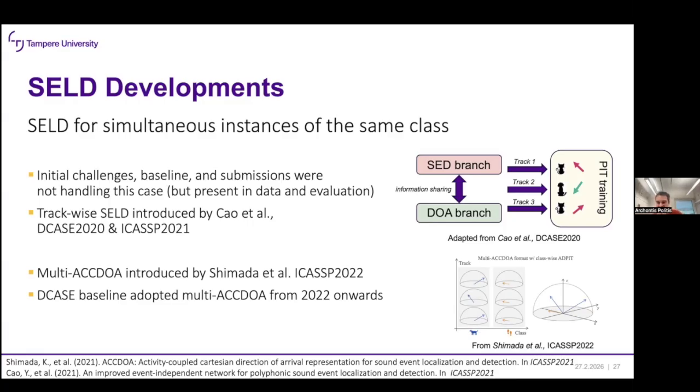This needs a little bit of special techniques to train effectively, but if one does that, then it's equally effective, let's say, to the track-wise approach. And both of them are used by various teams submitting models today, and the DCASE baseline has followed with this multi-ACCDOA representation.